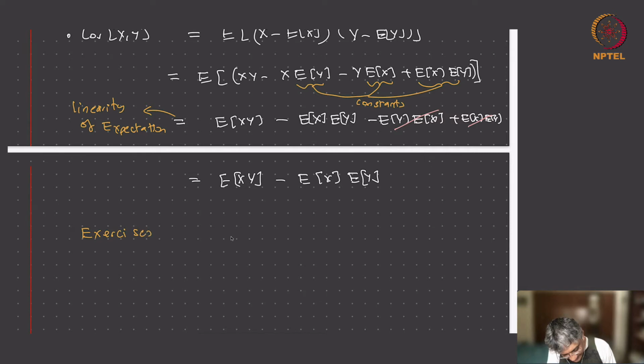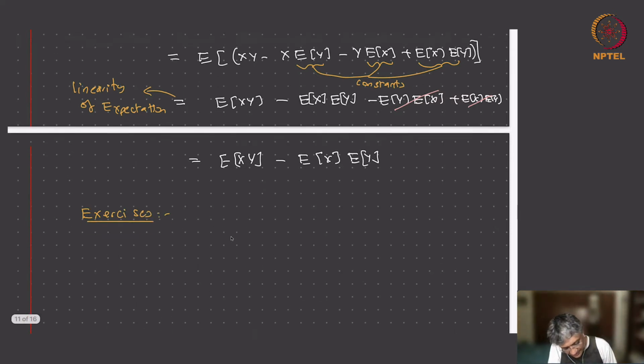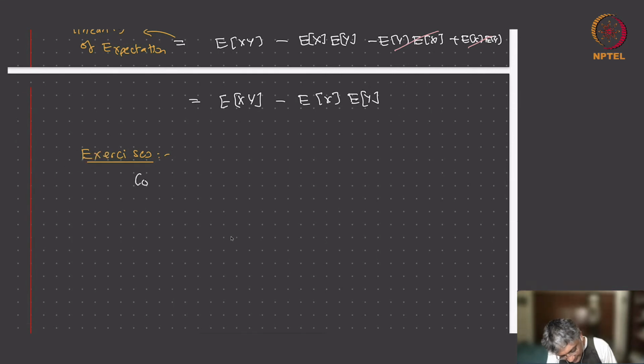You can check that if you look at the covariance of x and x itself, so y is equal to x, right? So then this is going to be equal to just the variance of x. That's kind of obvious from the formula.